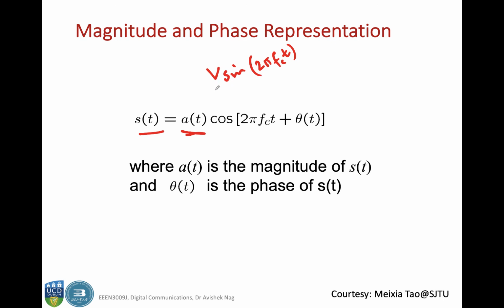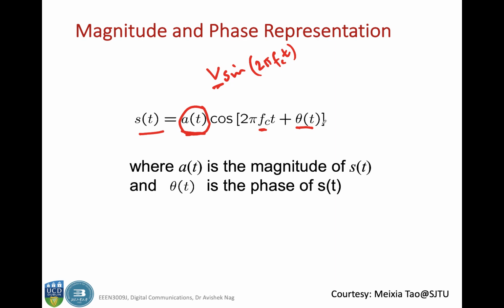So in that case, the magnitude was constant, but generally speaking, the magnitude can also be a function of time. Okay, and then we have the cosine or sine functions. We have a frequency and we have a phase. So this is the magnitude and phase representation of the signal.